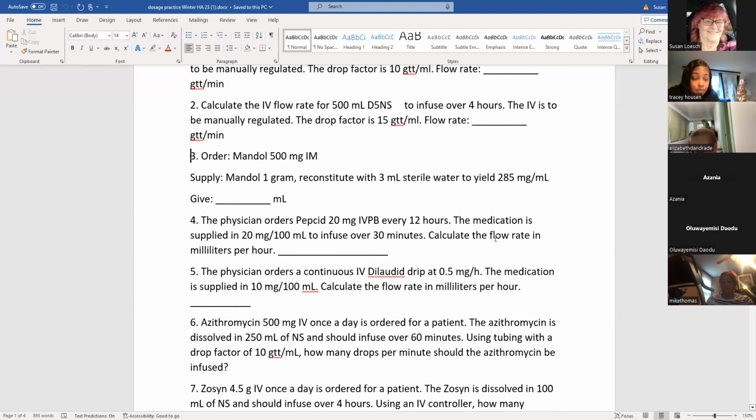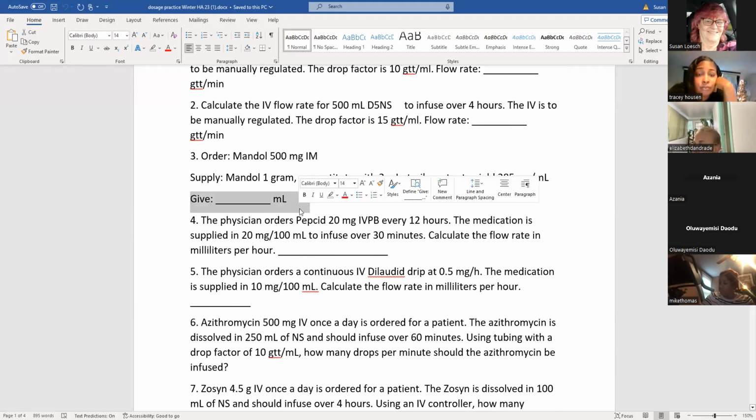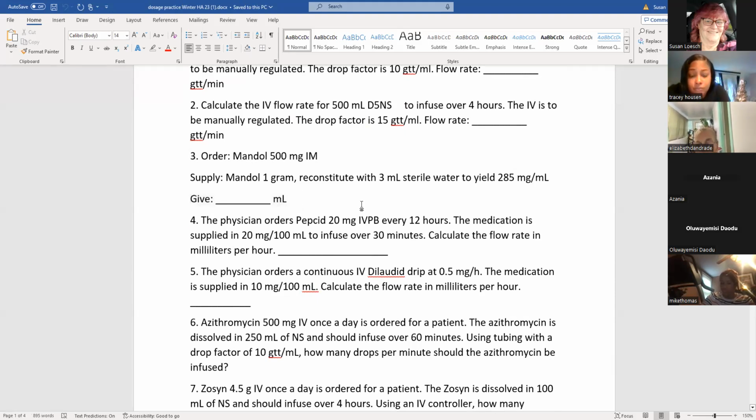Okay. Number 3 is also desired over have. So you see how it says give blank mLs here? That tells you it's a desired over have question. Now, what is your supply on hand here? 1 gram. No, 500 mg is your order.